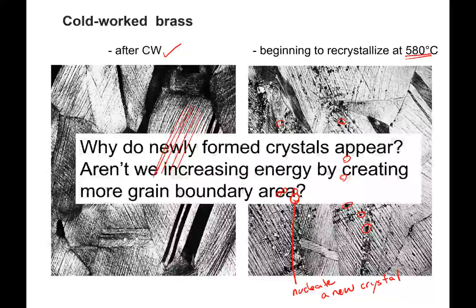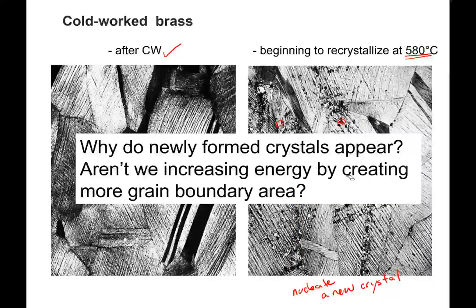And then as time continues, and I think I've addressed this question, right? Why do the new crystals form? They form because they are dislocation free, and so we've lowered the deformation energy.